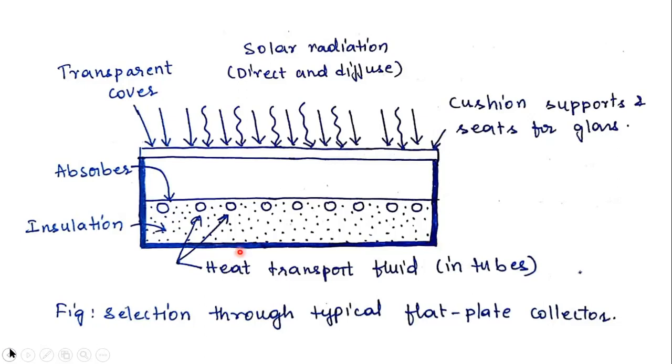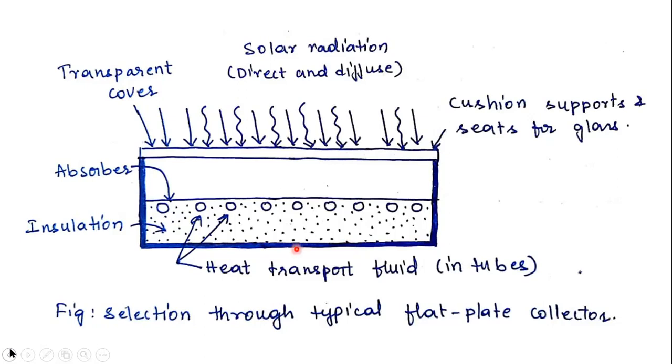For the absorbing surface, typically a metal plate is used, made of copper, steel or aluminum, with copper tubing in thermal contact with the plate.